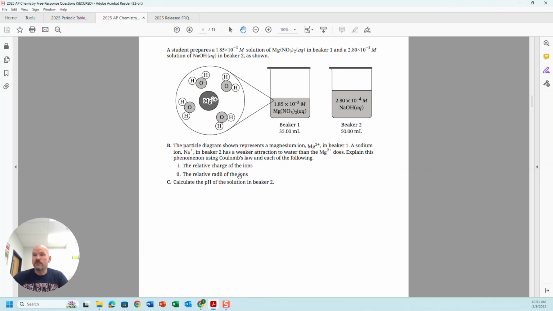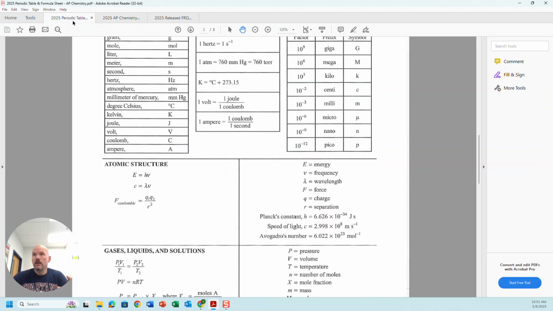And we need to use Coulomb's law. Now remember, this year is the first year they're giving us Coulomb's law here on the formula sheet. And it's reminding you that the force of attraction is proportional to charge 1 times charge 2 divided by the radius between them squared. But they don't say radius, they say the separation between them.